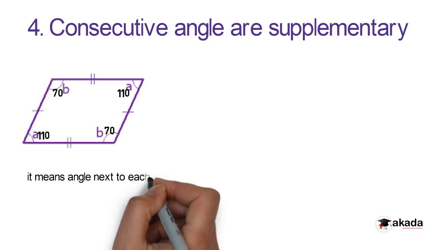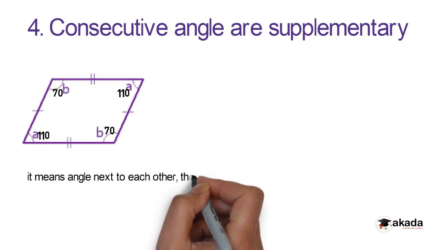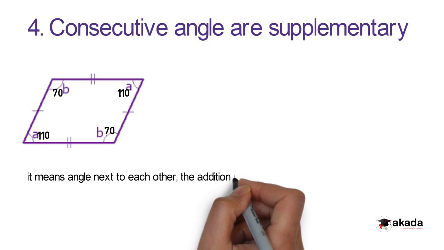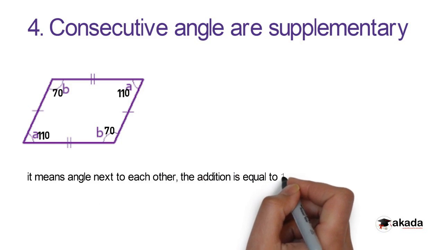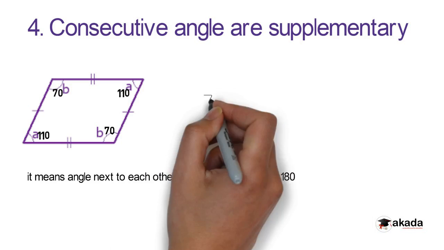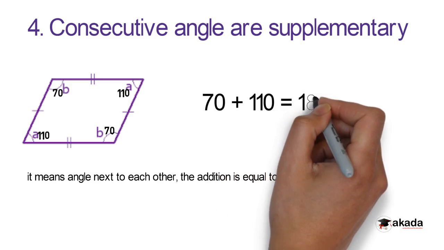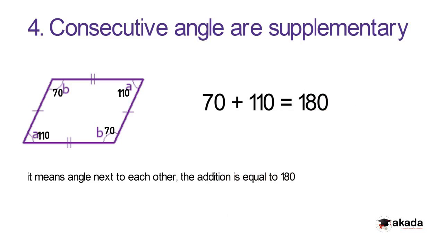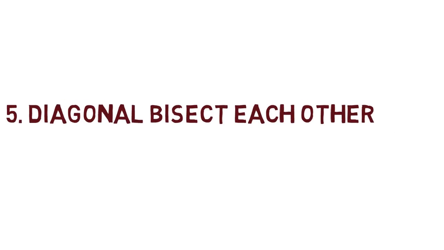It means they are supplementary. Can you see that? Anyhow you take it, if I take AB here from any side of the parallelogram, the addition of both angles must be 180. So if I have 70, 70 plus 110 will give me 180. So it means angles next to each other, the addition is equal to 180 degrees.